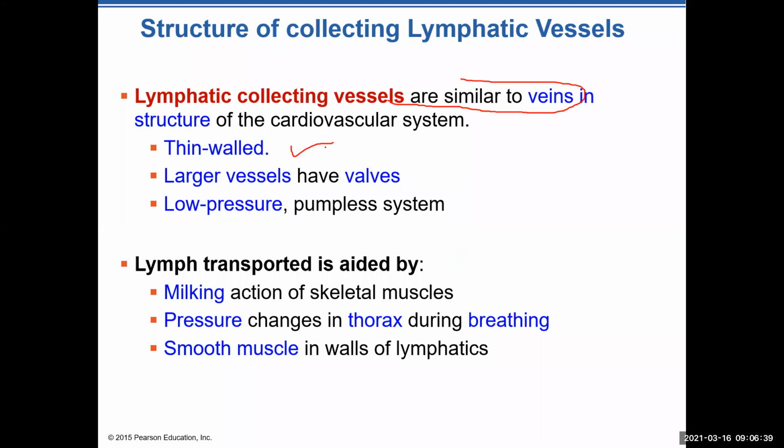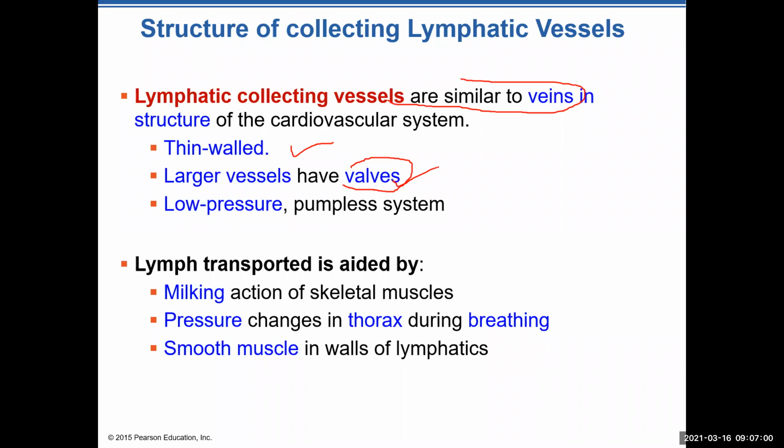Point number two, low pressure. They also have low pressure like that of the veins. So low pressure, no pulse. And then they have valves. We spoke about how the lymphatic capillaries also have valves, the way veins have valves.